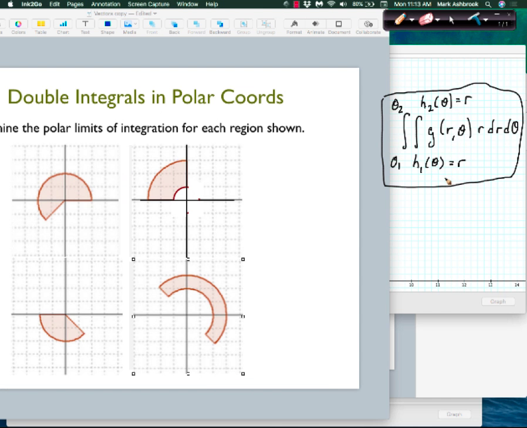So radius goes from what to what? 0 to 2. So along any particular theta, 0 to 2, and then?